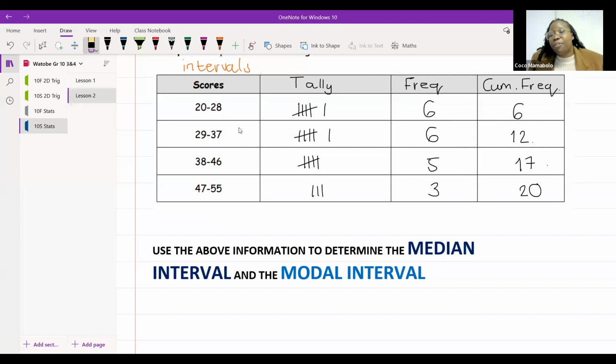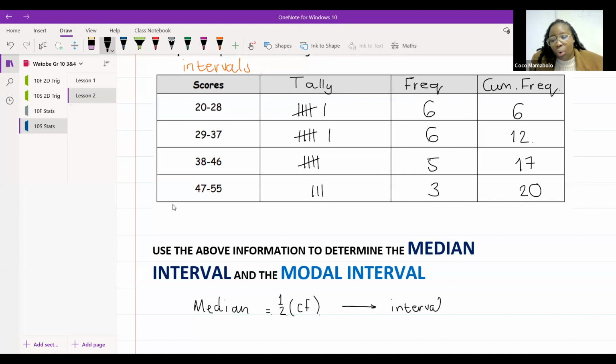All right, so if we want the median interval, what we're going to do is take the cumulative frequency and halve it. We're going to take half of the cumulative frequency, and wherever we land is going to correlate to the interval.